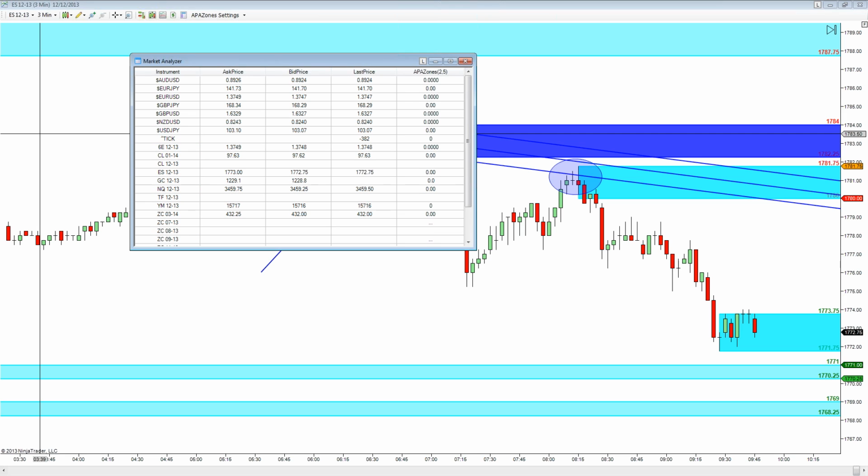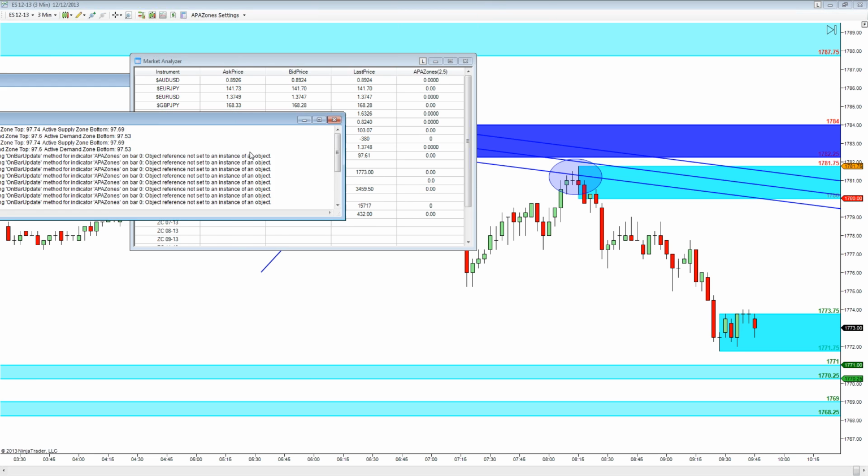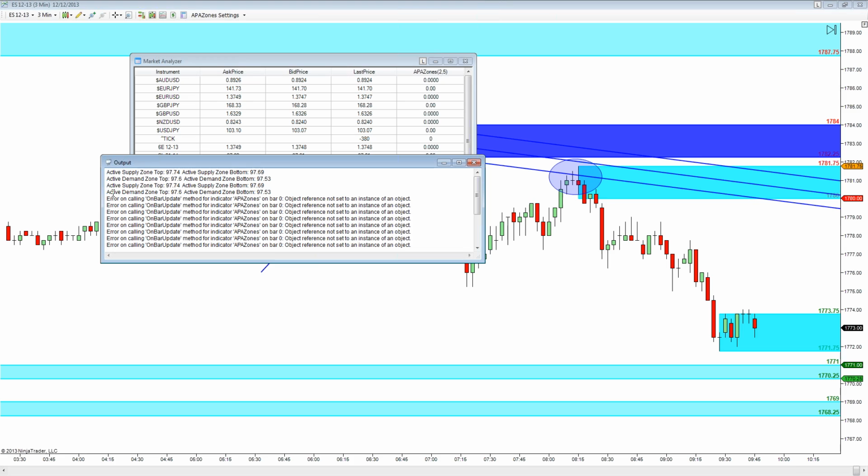But I do know that it's working because right here on my output window I do have, well, that's interesting. Well, it was working earlier.